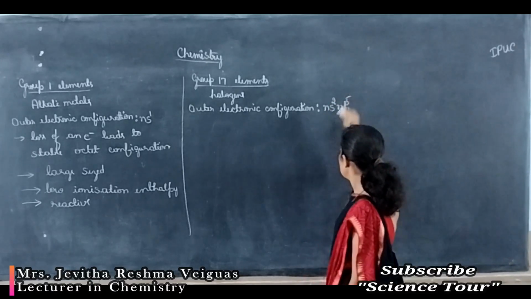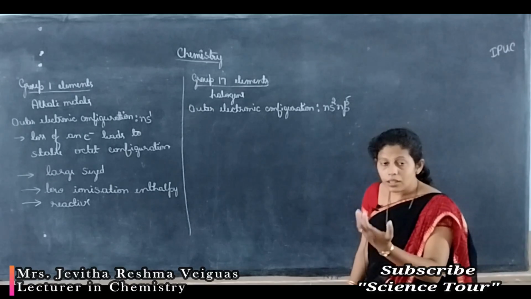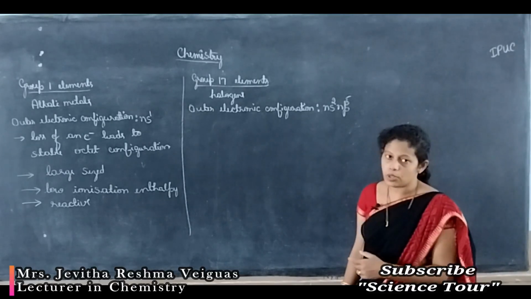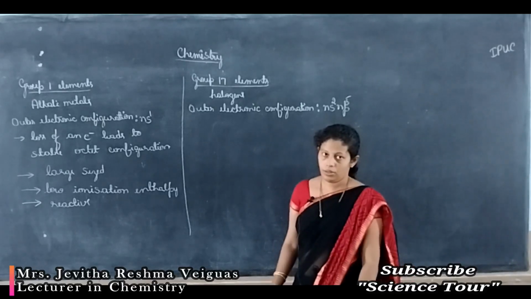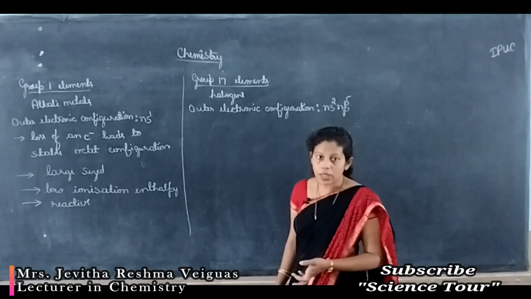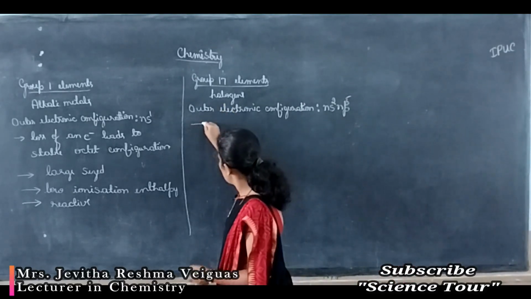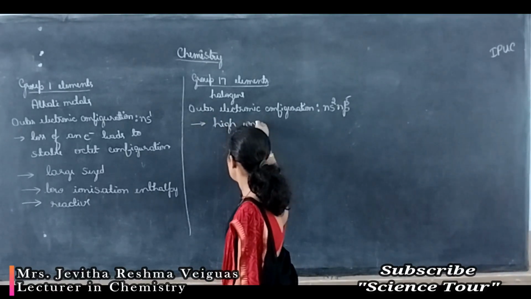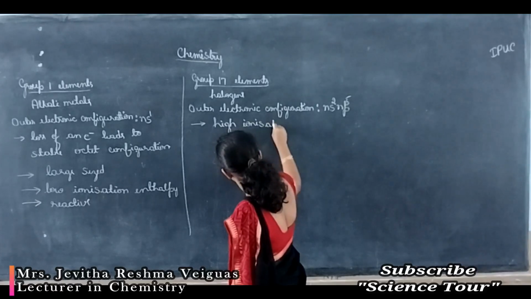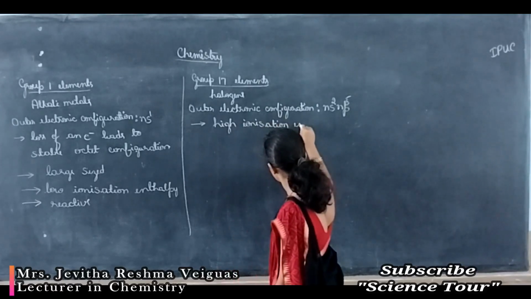This means that if they get one electron, they become stable. So they do not prefer to lose an electron. Since they do not prefer to lose an electron, for these elements the ionization enthalpy value is high. These have high ionization enthalpy.